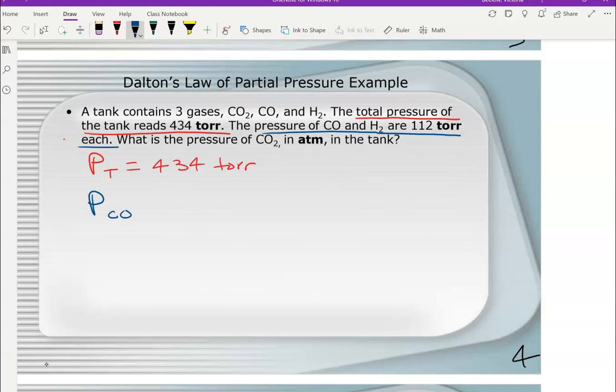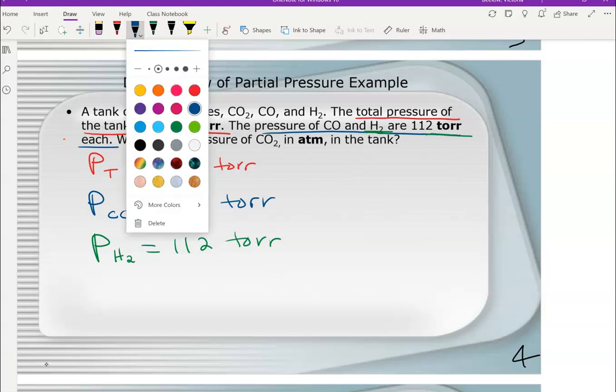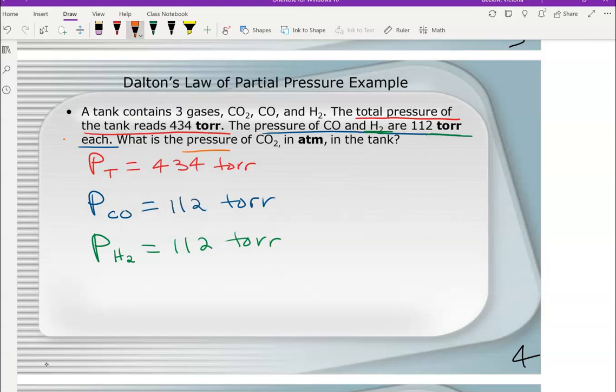So the pressure of CO, carbon monoxide, is 112 torr, and the pressure of H2, the hydrogen gas, is also 112 torr. And then it asks, what is the pressure of the CO2? So we're finding one of those partial pressures, in atm. So PCO2 is what we're solving for, and we want that in atm.